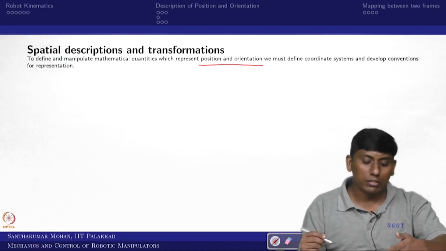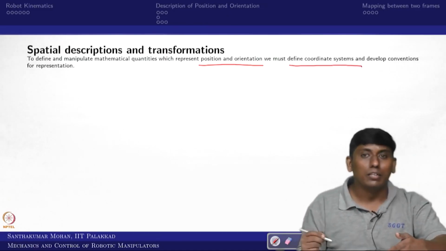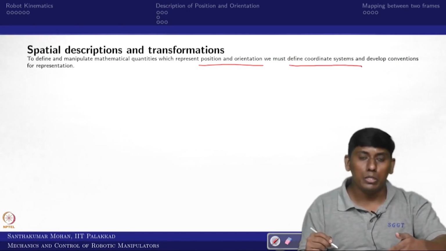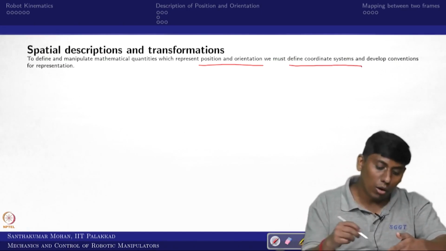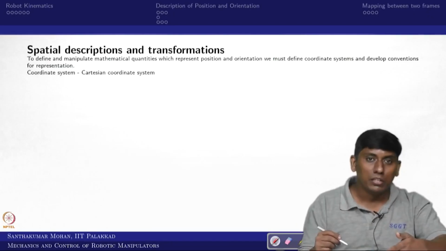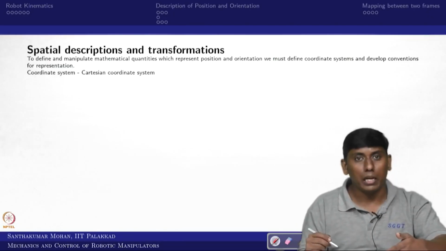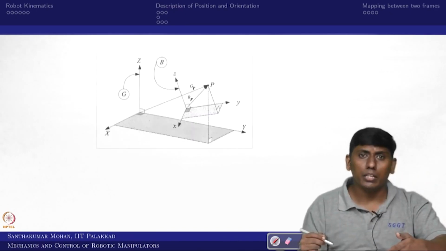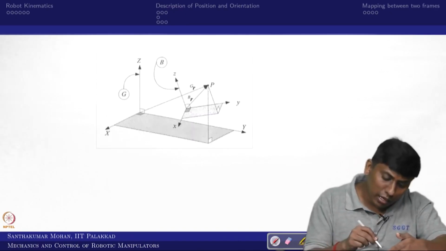For that, one should have a clear definition of the coordinate system. I already said we would be using one of the standard conventions called the Cartesian coordinate system, which has mutually perpendicular axes. So I end with this particular picture. You can see this is the ground.